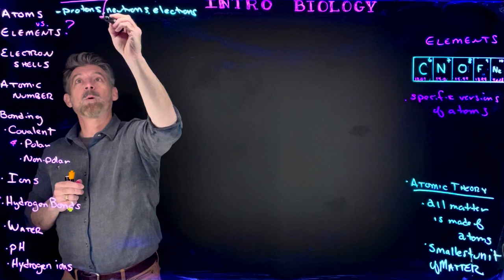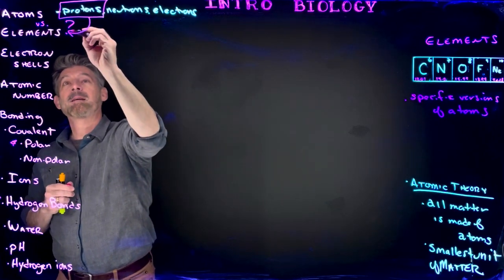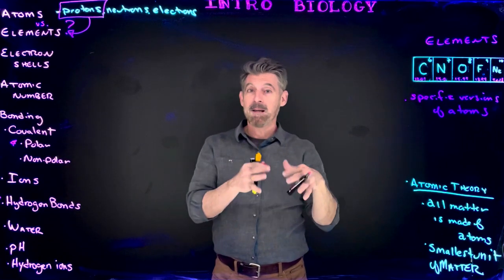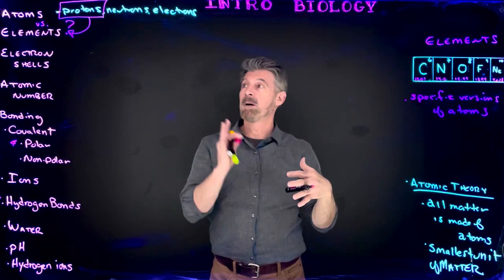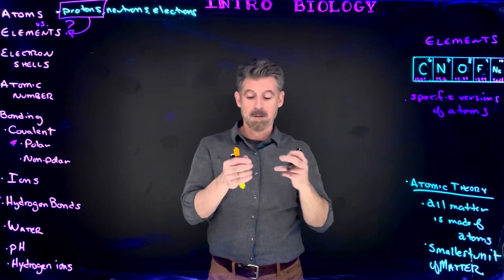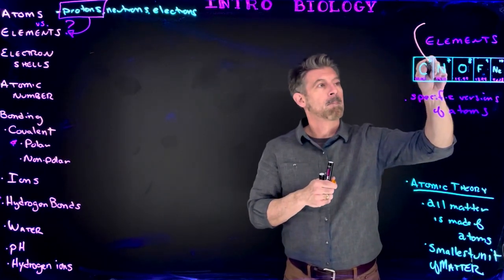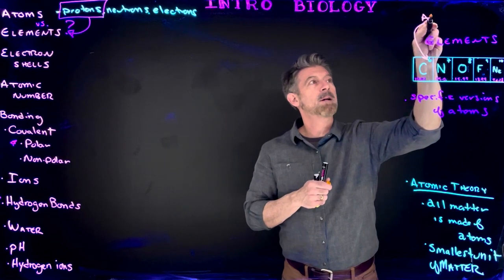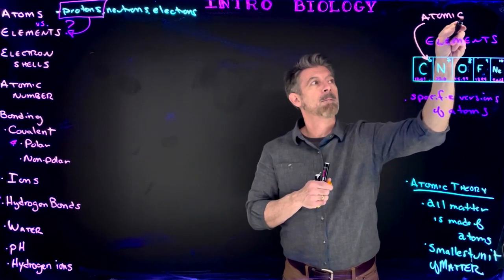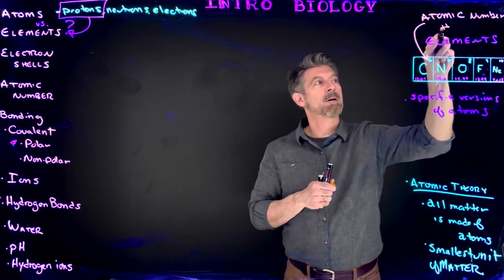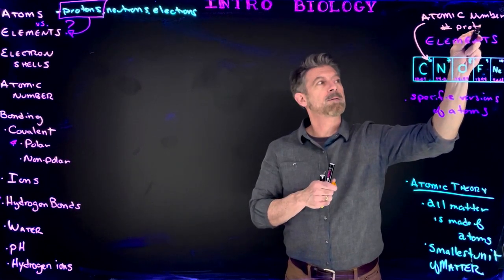Turns out that when we go to define an element, all that really specifically matters in naming and identifying that element are the number of protons, okay? And so we call this here atomic number. Okay, so that's the number of protons.